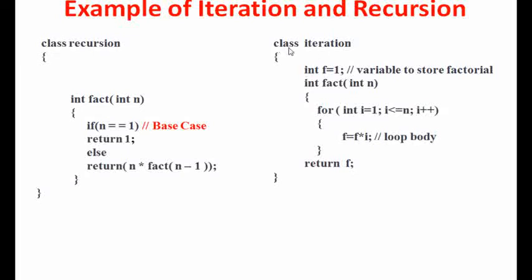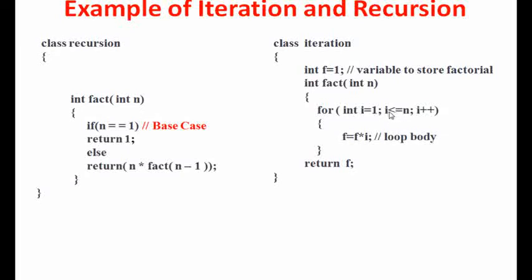Next, let us see the class iteration. Suppose n is equal to 4 and f is initially 1. After this, the for loop will be executed. The loop initializes i with 1 and then it goes to the condition and checks whether i is less than or equal to n or not.